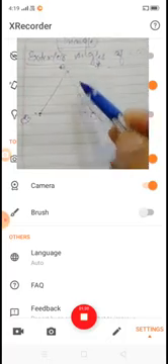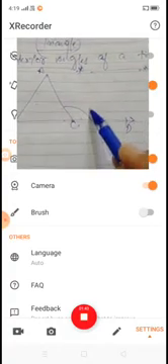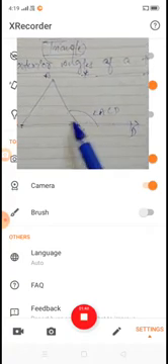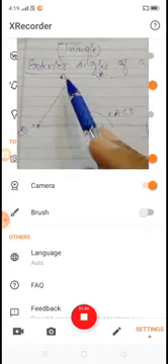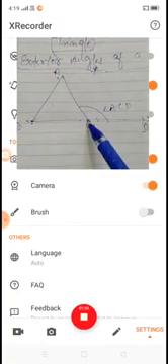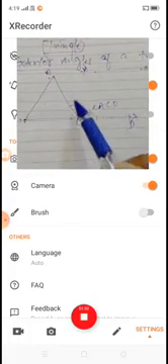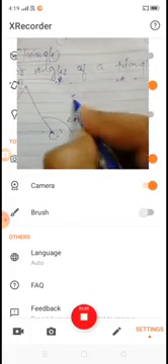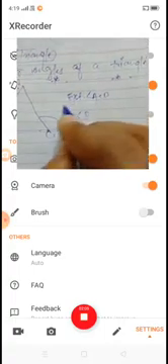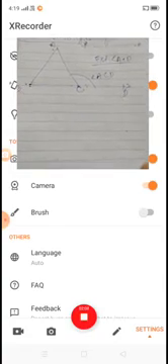Then angle ACD, this is angle ACD, is called the exterior angle of the triangle ABC at C, and it is denoted by exterior angle ACD in this way.